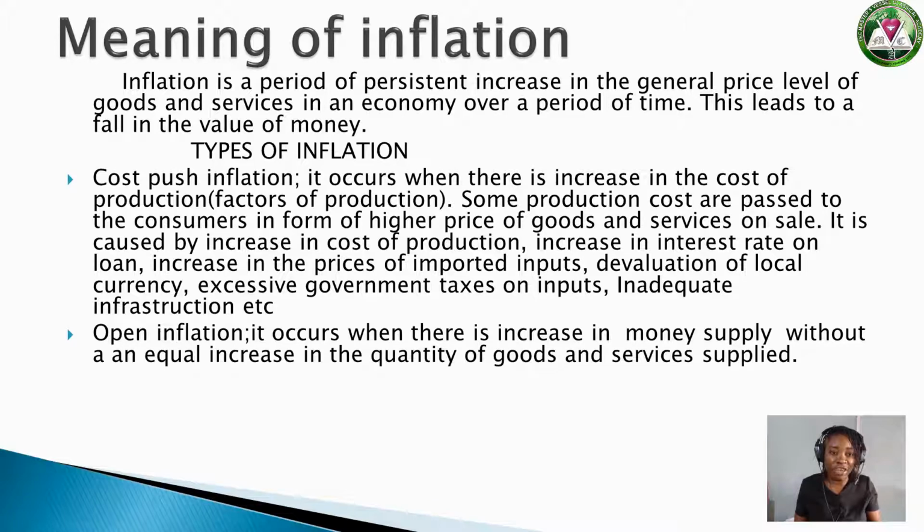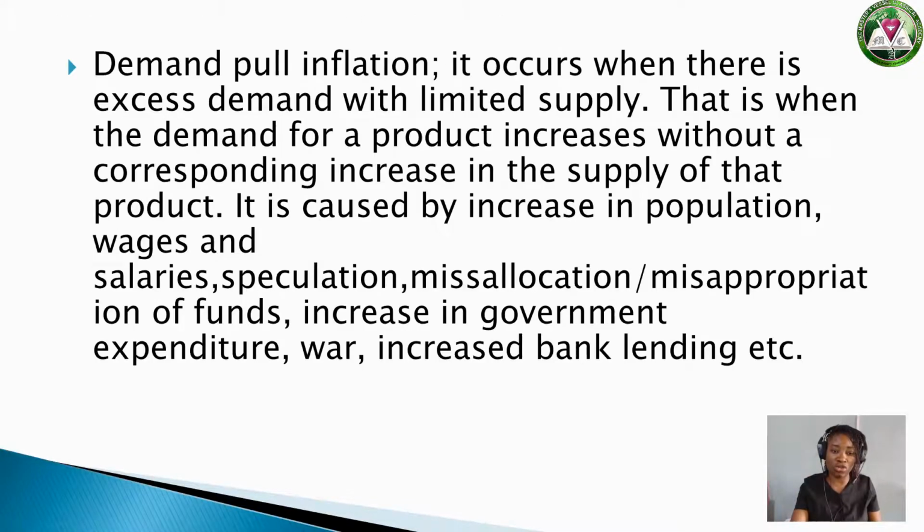I forgot to tell you, during the period of inflation, there is excess money in circulation. So when there is an increase in the supply of money, without an equal increase in the quantity of goods and services supplied, that will lead to open inflation.